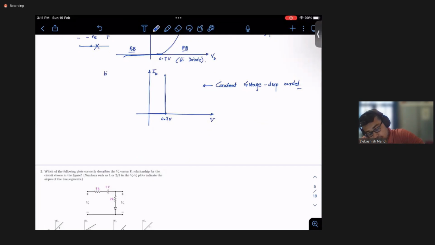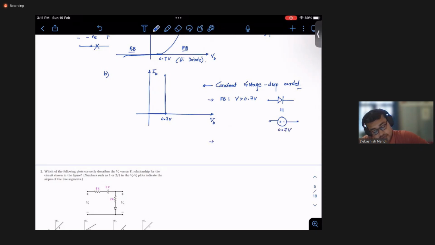For this constant voltage drop model in forward bias, when VD is greater than 0.7 volt, then we can model this diode as a voltage source of 0.7 volt.